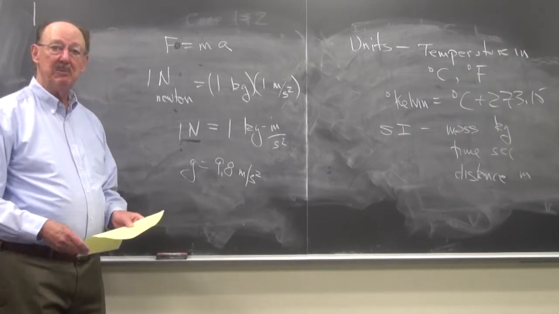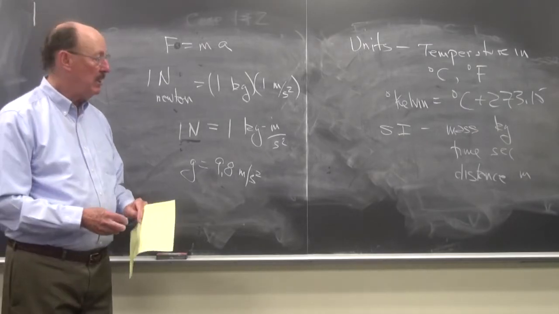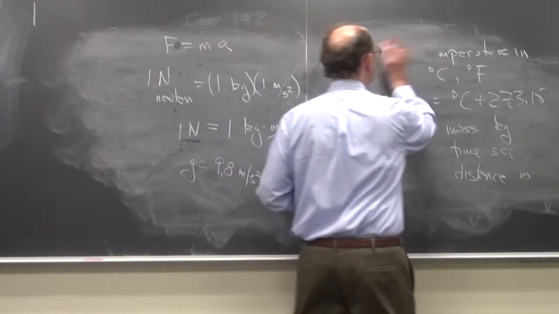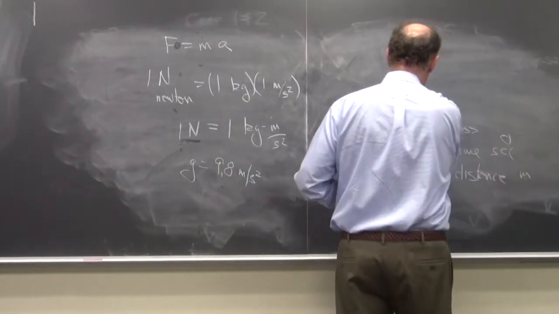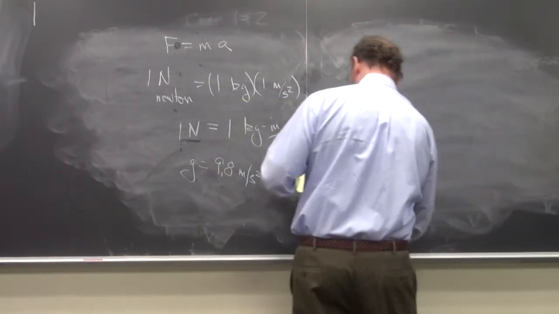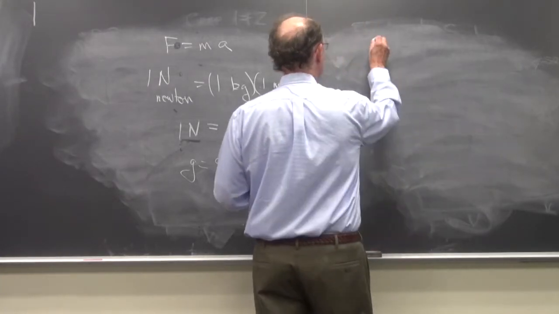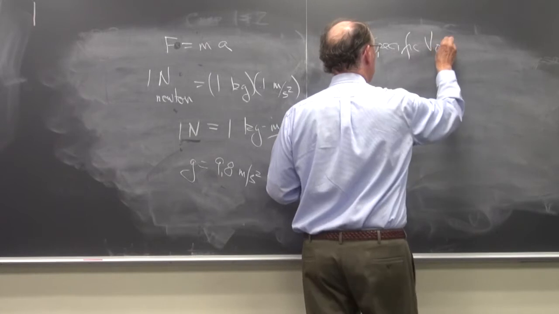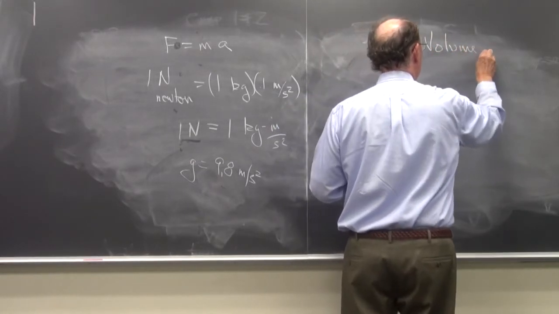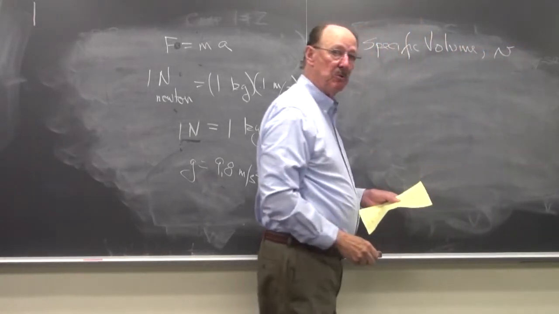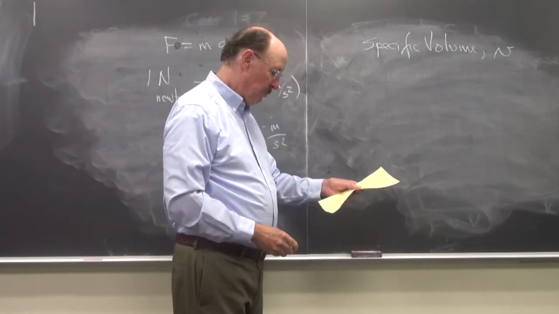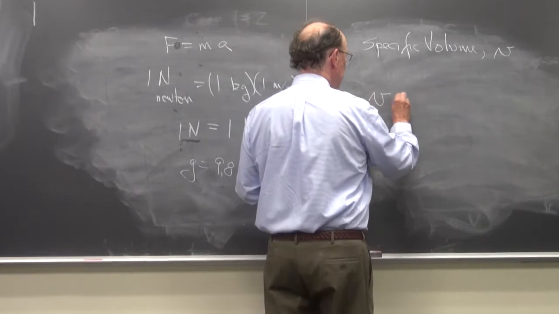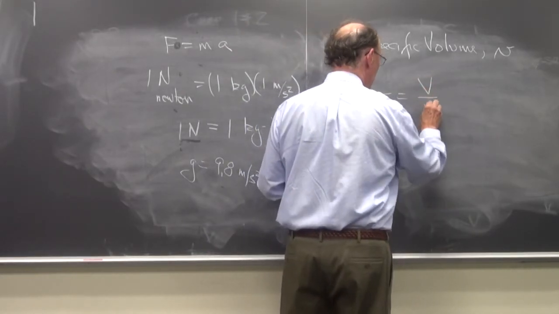Now, let's look at some other properties that we'll want to describe. One of them is specific volume. I use a script V for that. And so this v is equal to volume divided by mass.